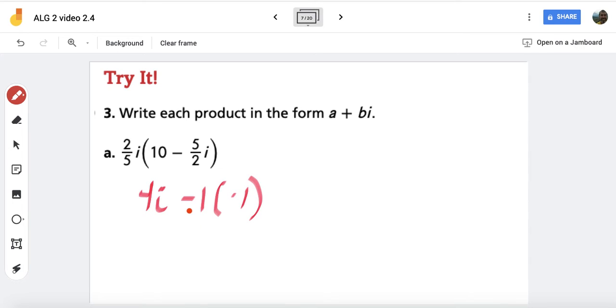So I really have 4i minus 1 times negative 1, so that becomes plus 1. I need to write the real part first, 1, and the imaginary part is plus 4i. Okay, so there's the answer to that one.